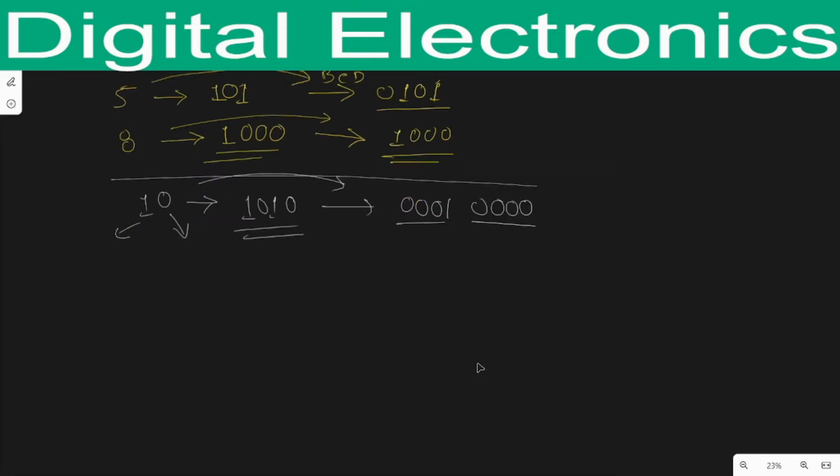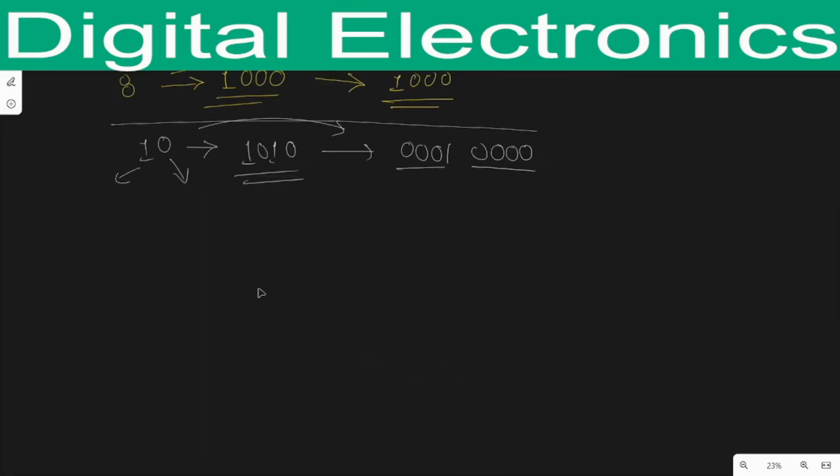Okay. Now, how can we add two BCD numbers? Suppose there is one BCD number A, which is 0101, and the second BCD number is 6, that is 0110.